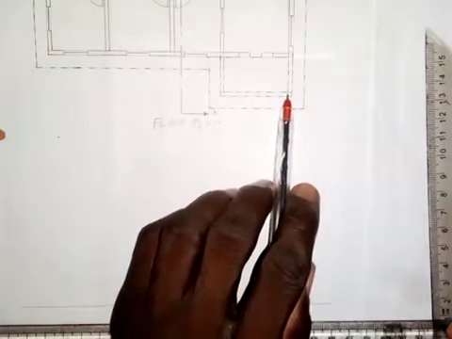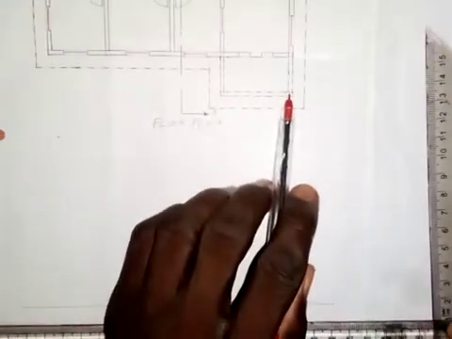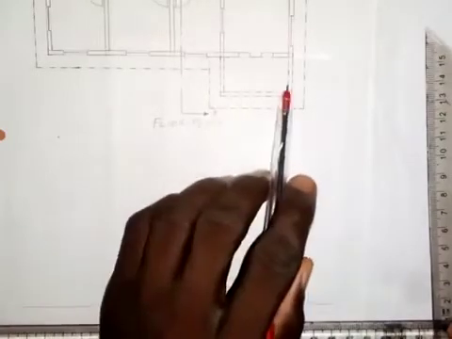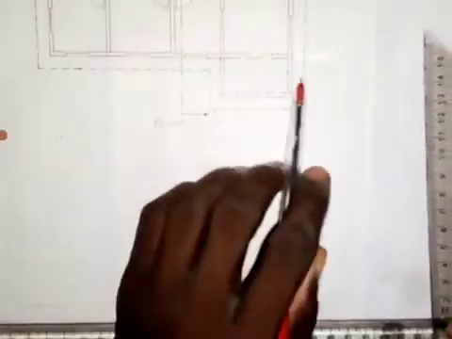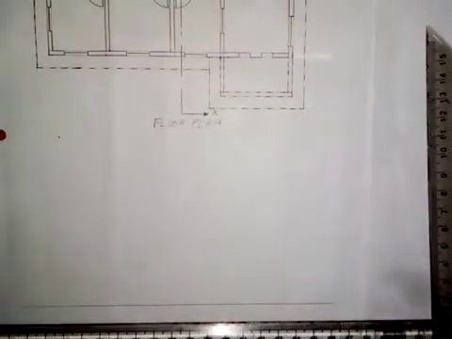We are going to have a beam here, and also a column here, and a column here, due to these two beams that we have on these two sides. So you see how I'm going to do it as we move on.